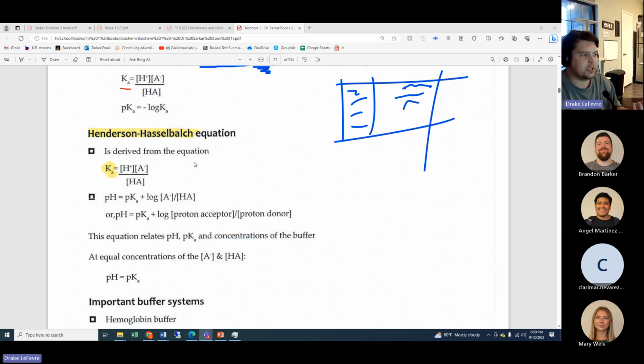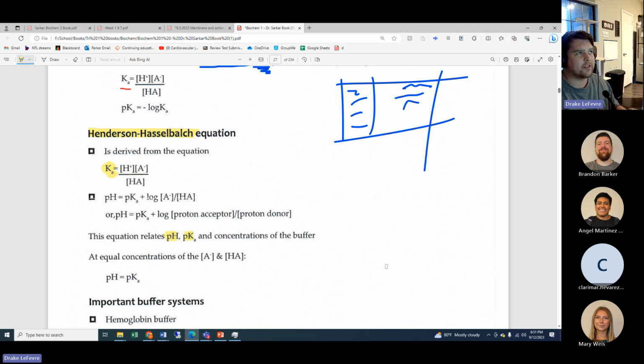A lot of the times, he'll ask which of the following is the Henderson-Hasselbalch equation, and you just need to know what the equation looks like, and then maybe what the equation actually tells you. For the Henderson-Hasselbalch equation, it relates everything to pH: pH, pKa, and then concentrations of the buffer system. The acid and the conjugate base is what creates a buffer.